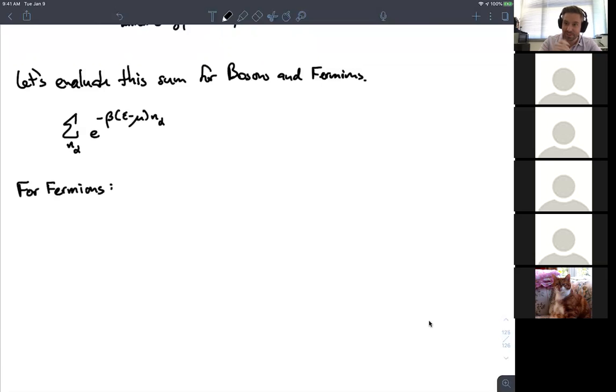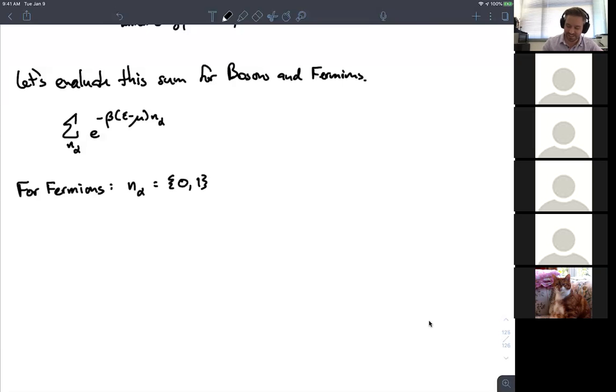For fermions, the allowed values of n alpha: there's only two of them. This can only be equal to either 0 or 1. Then you just plug in those values.